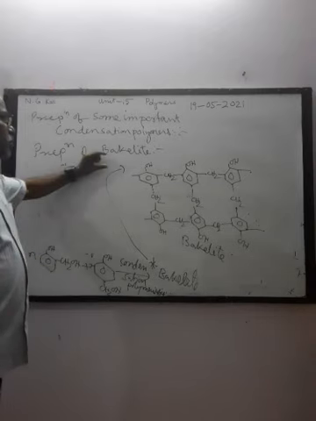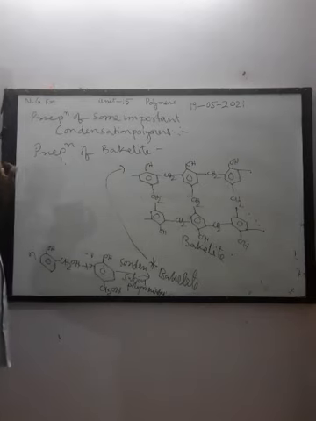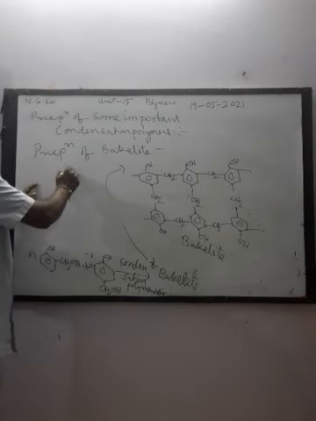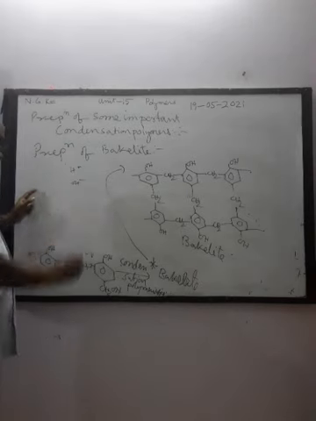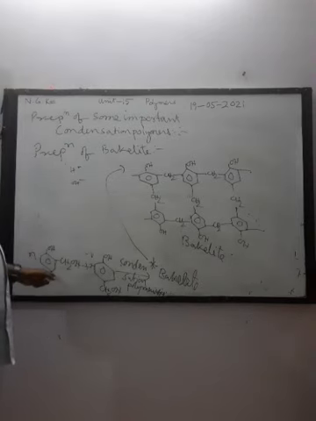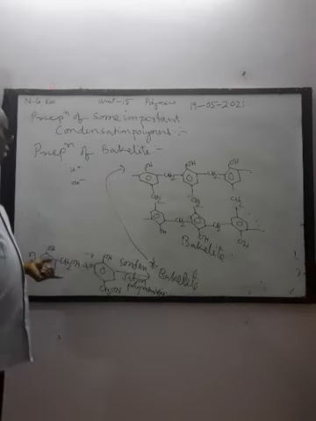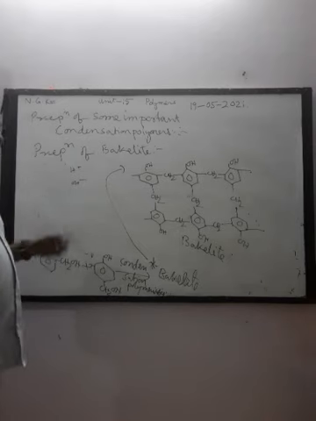So if we sum up the preparation of bakelite, first of all, phenol reacts with formaldehyde in presence of acid or base to form two compounds. One is orthohydroxybenzyl alcohol, the other is parahydroxybenzyl alcohol. Now, orthohydroxybenzyl alcohol, when reacting with each other, forms a linear polymer known as novolac.